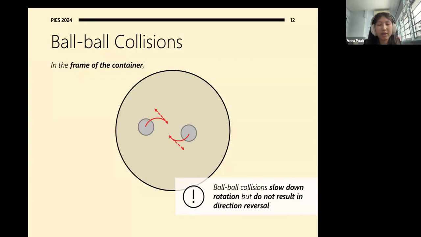The rotation is slowed down because the balls inhibit the motion of each other. However, this would not be sufficient to reverse its direction completely, because the total momentum of the balls would still follow the same pattern, and hence collectively the balls would still move in a clockwise direction.